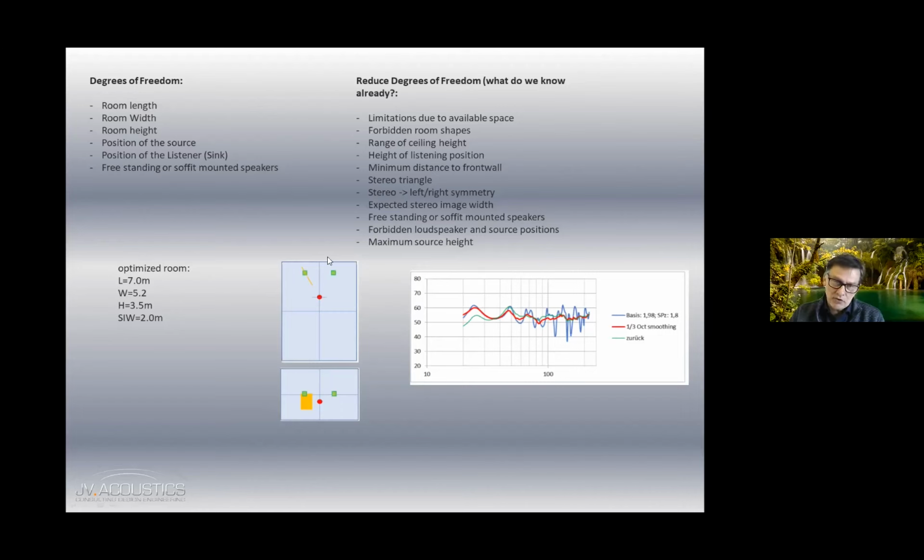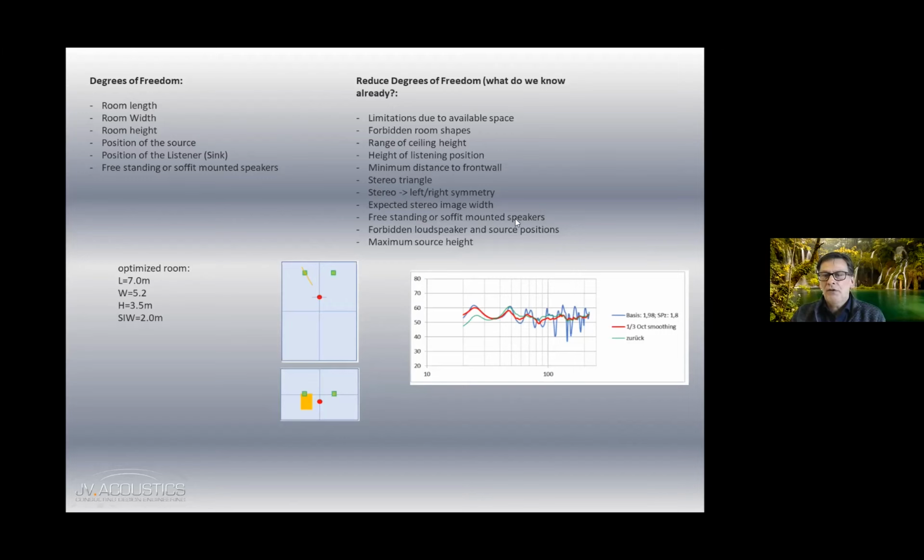You always have to stick to the center line, and so on. Then there is an expected stereo image width. It doesn't make sense to have a room, let's say 10 meters long and 7 meters wide, and you end up with a good position with a stereo image width of 1.2 meters. It doesn't make sense, so we have to keep this in mind also.